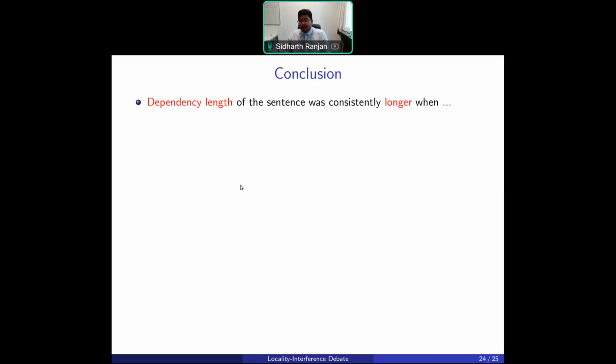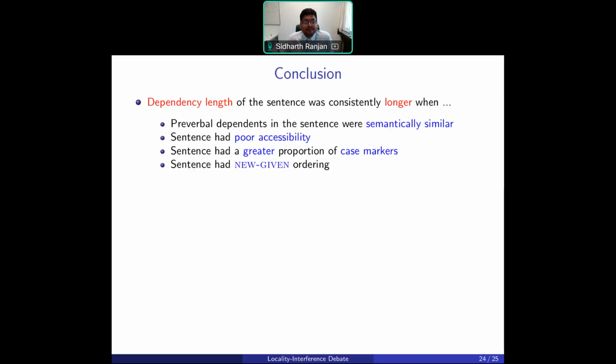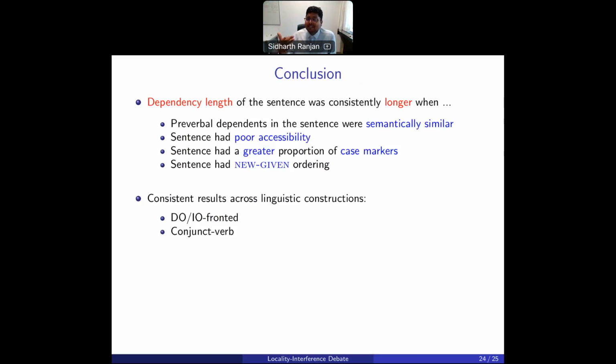So just to conclude, the dependency length of the sentence was consistently longer when sentences had preverbal dependents that were semantically similar, when sentences had poor accessibility in terms of greater syntactic surprisal, when sentences had a greater proportion of case markers, and when sentences violated givenness ordering. And our results were consistent across linguistic constructions as well.